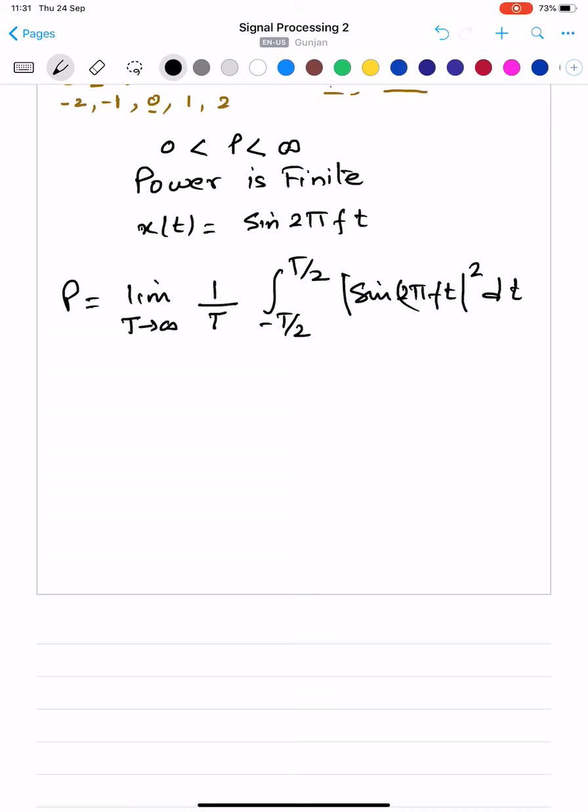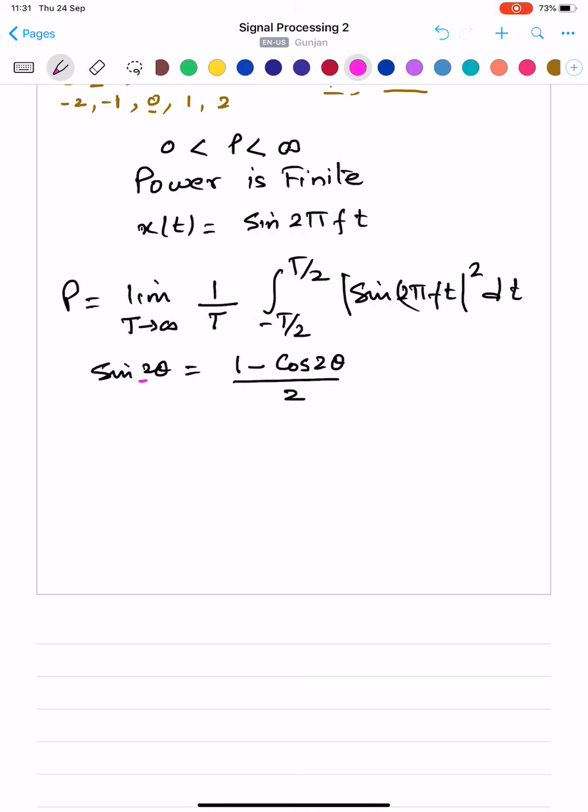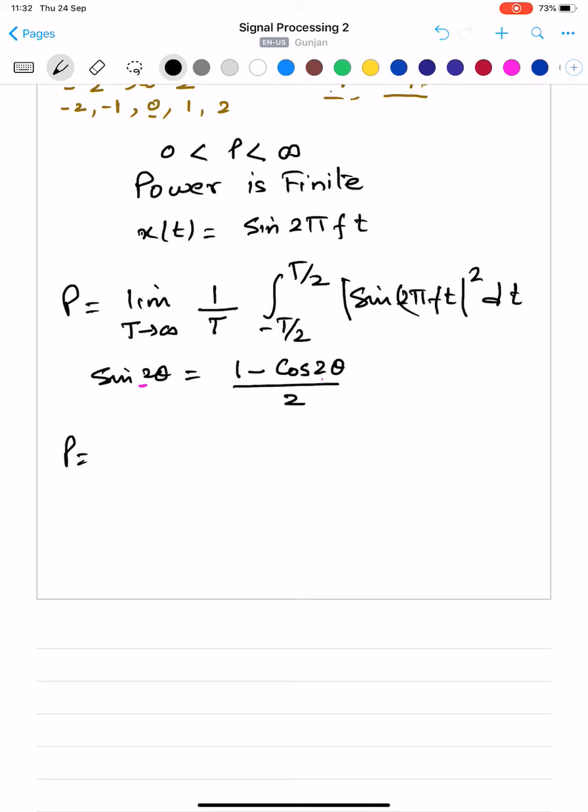So if you remember that sin squared theta is equal to (1 minus cos 2 theta) divided by 2. Here this is squared and this is twice. Okay, put this into your integration. So P equals limit T tends to infinity, 1 upon T, integral from minus T/2 to T/2, you can use either range, it's up to you.